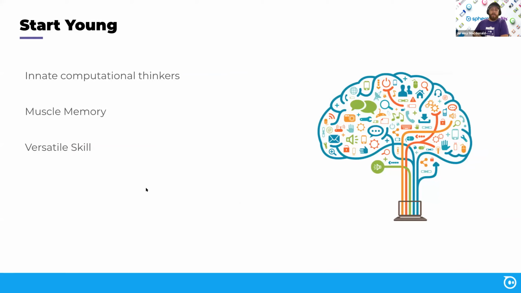One thing to think about when we're talking about computational thinking is that we all actually are innate computational thinkers. It's something we do early on, essentially from the time we're born forward. A lot of the way we think would be considered computational thinking. Something to keep in mind is that computational thinking isn't necessarily just thinking like a computer.